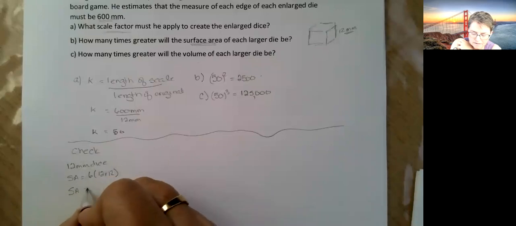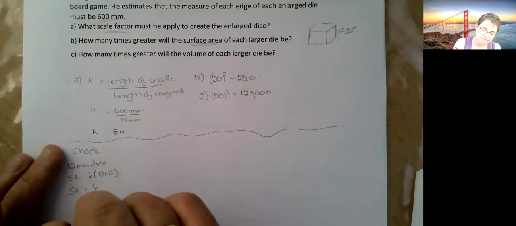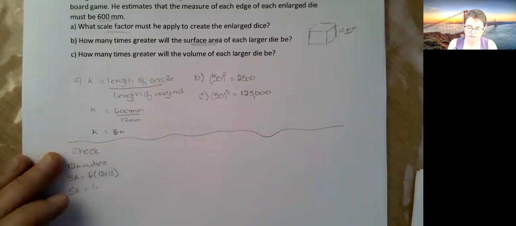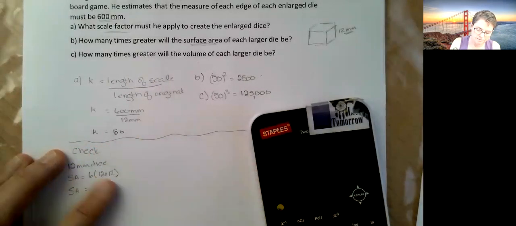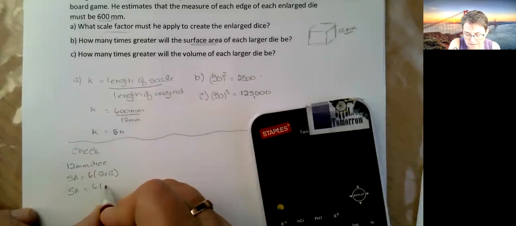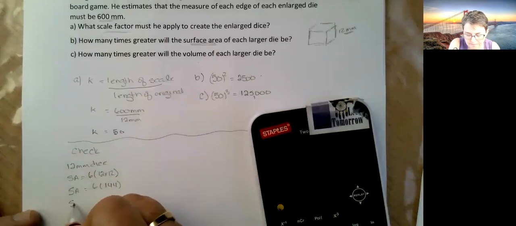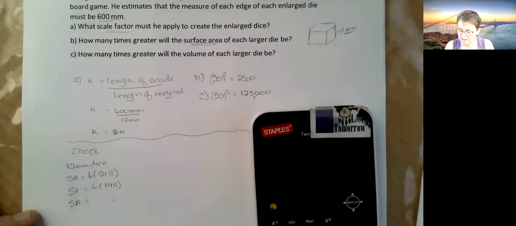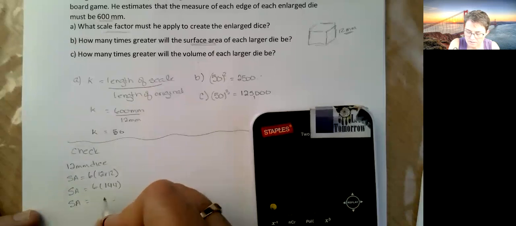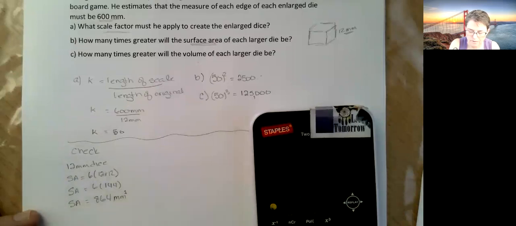So surface area is going to be 6 times 144, which is 864 millimeters squared. Remember, millimeter squared is smaller, about the size of a pencil lead in cross section. So it's really, really small.